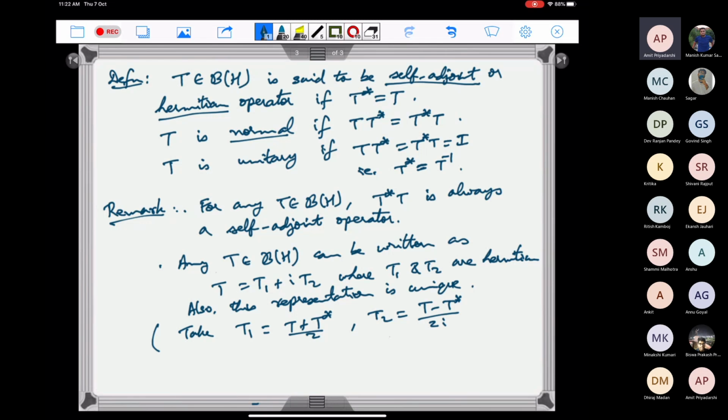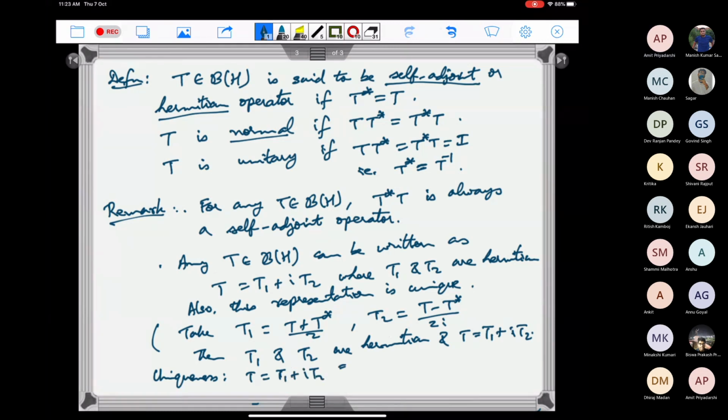Therefore if it can be written like this, it has to be unique.